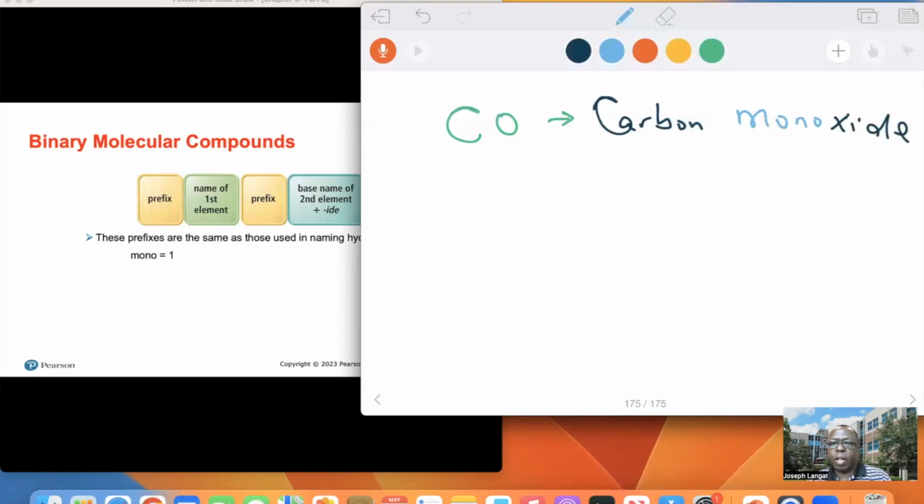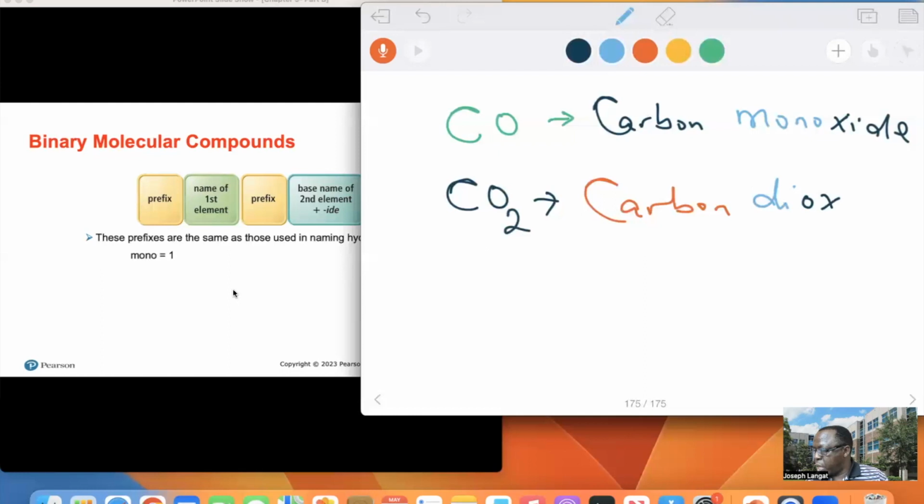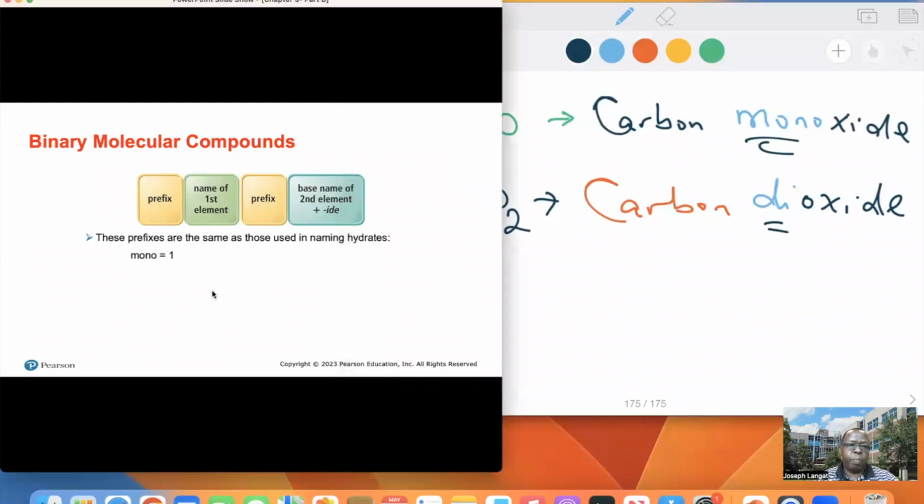You drop the O when you have only one. Whereas CO2, you use carbon, di, and then oxide like that, carbon dioxide. There's the prefix here, which indicates how many we have, how many oxygen.